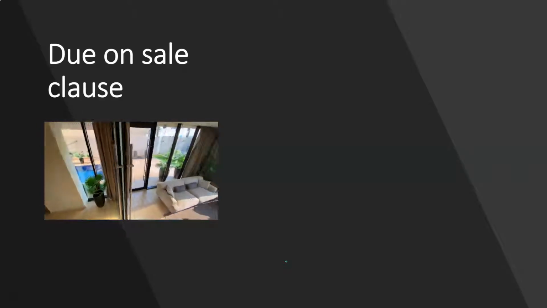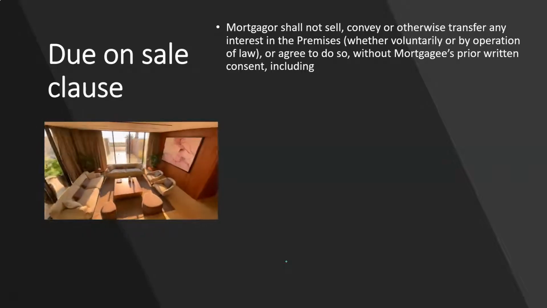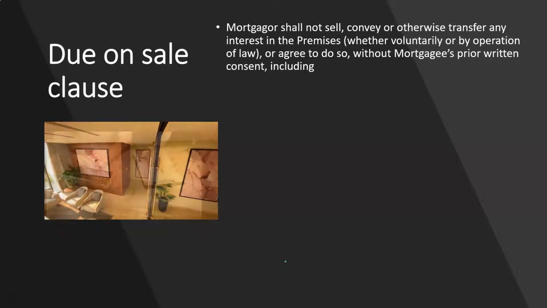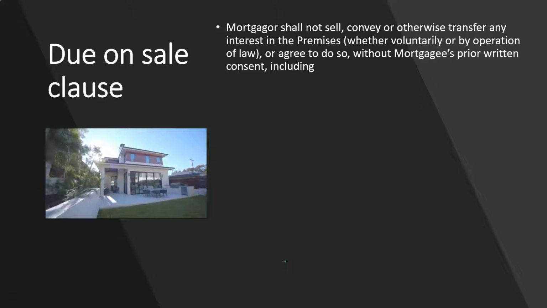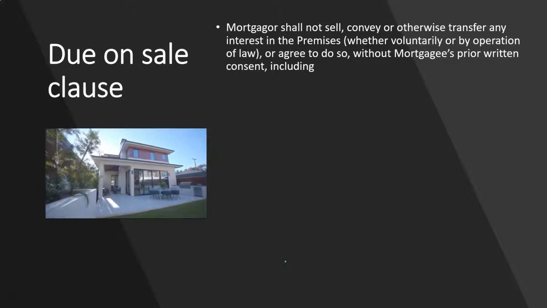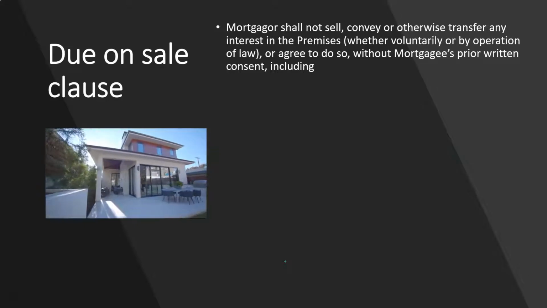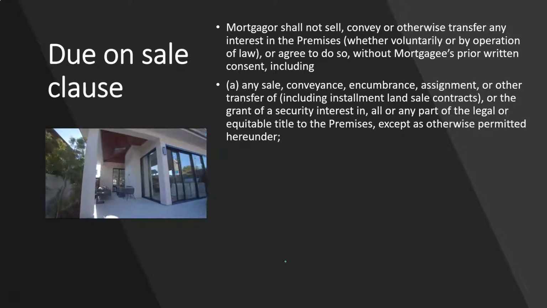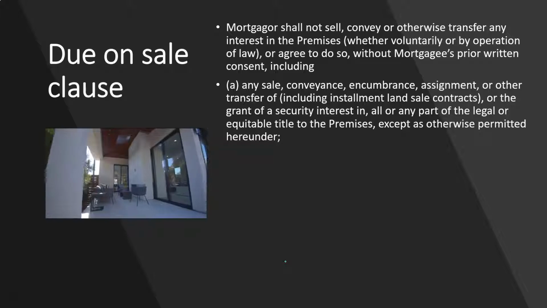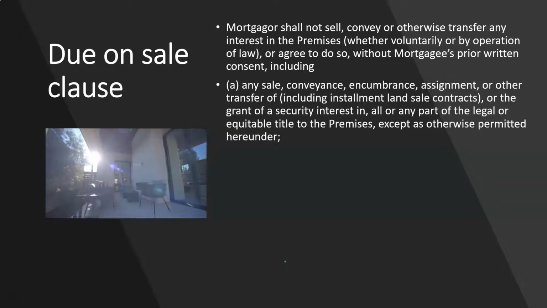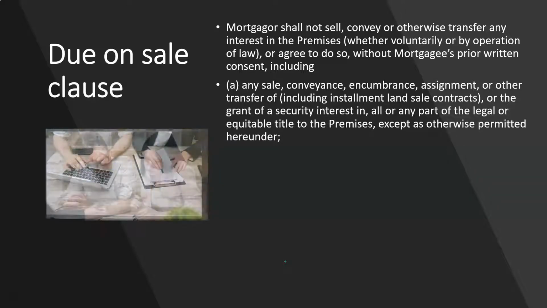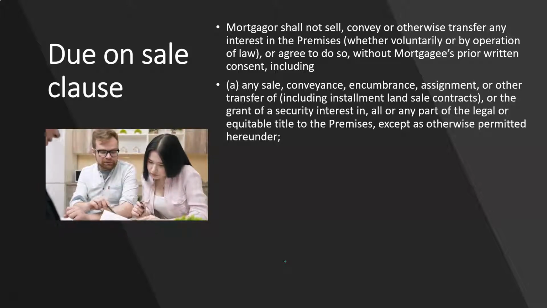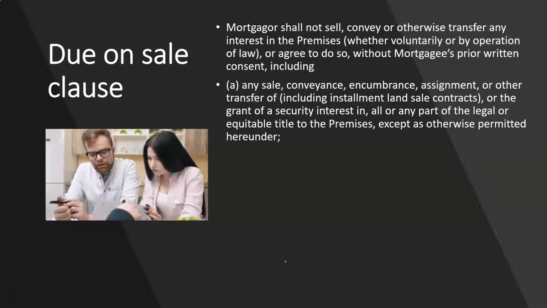So then we have the due on sale clause, which could look something like this. Mortgagor shall not sell, convey, or otherwise transfer any interest in the premises, whether voluntarily or by operation of law, or agree to do so without mortgagee's prior written consent, including any sale, conveyance, encumbrance, assignment, or other transfer of, including installment land sale contracts, or the grant of a security interest in all or part of the legal or equitable title to the premises, except as otherwise permitted hereunder.